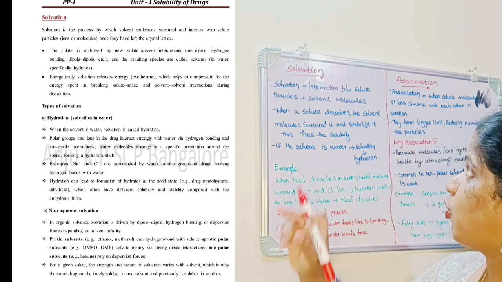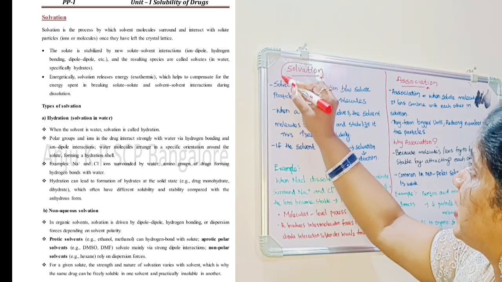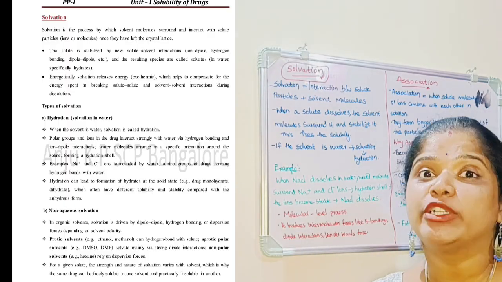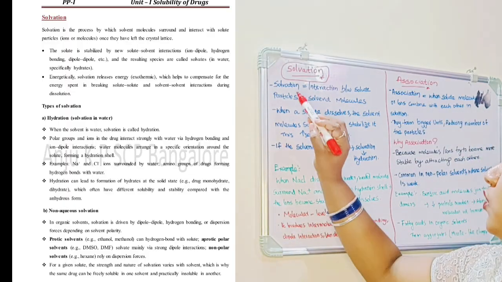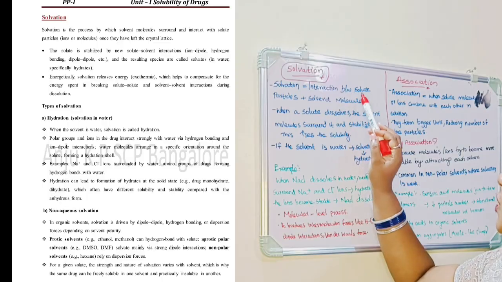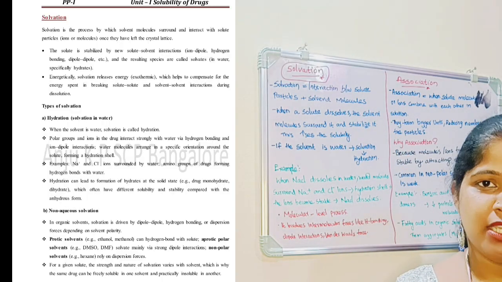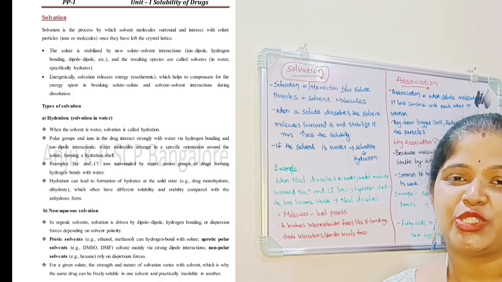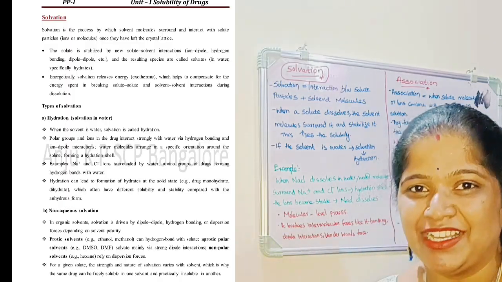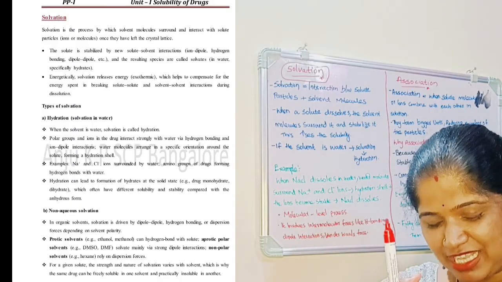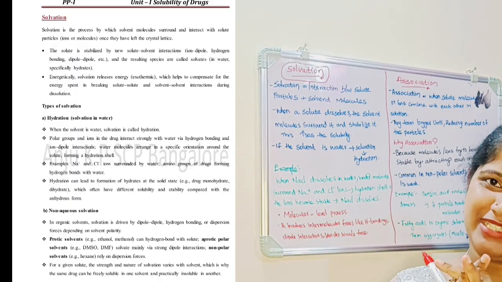Now we'll see solvation, how it is affecting the solubility and what solvation is. Solvation is the interaction between solute particles and solvent molecules. You can remember it as the solute going and hugging the solvent. If the solute and solvent are hugging, solvation is taking place.